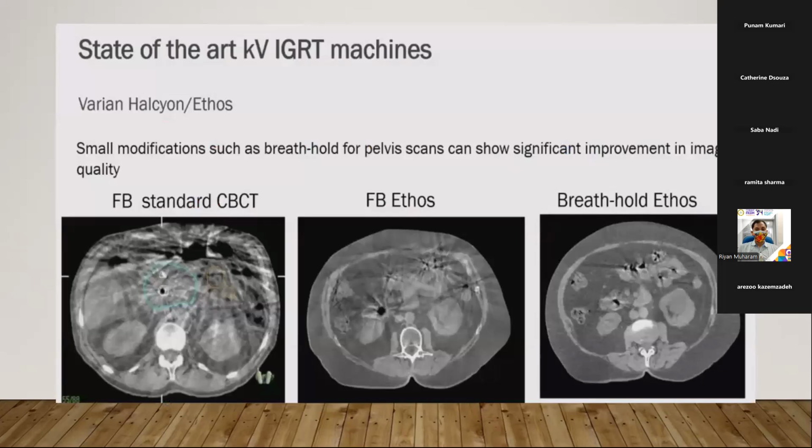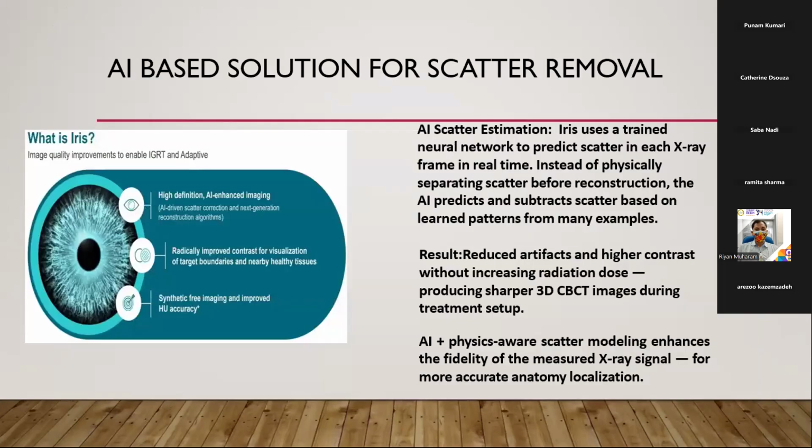Here we can see the standard CBCT from the Ethos and the breath hold Ethos, and how breath hold improves mitigation of the artifacts. AI-based solutions are also there for scatter removal. One software is Iris, which is used in the Elekta Evo system.